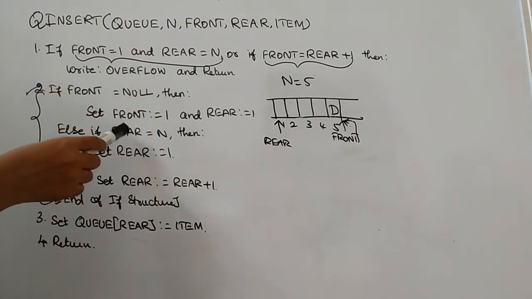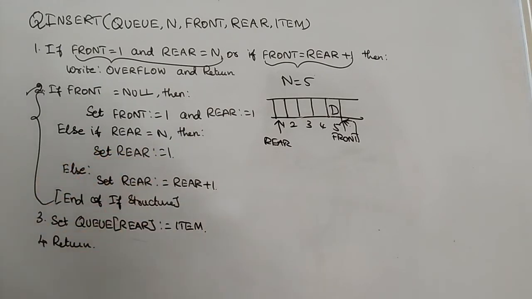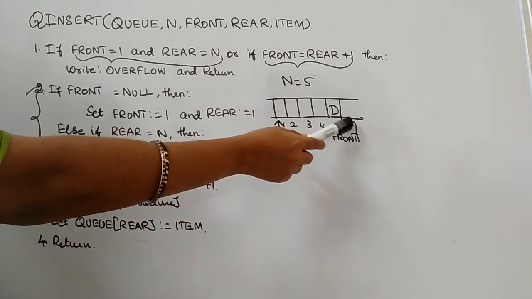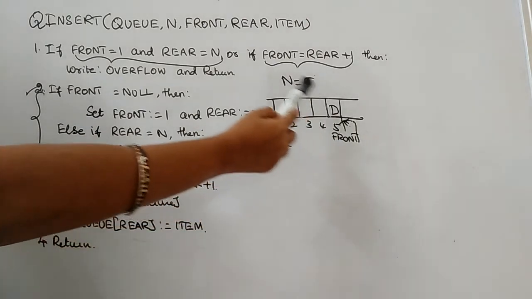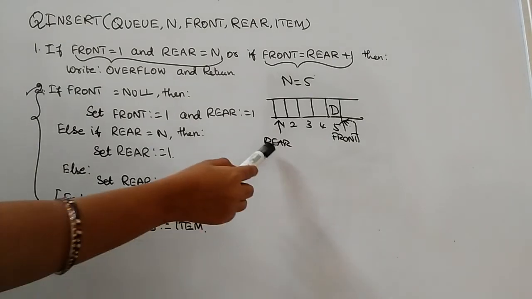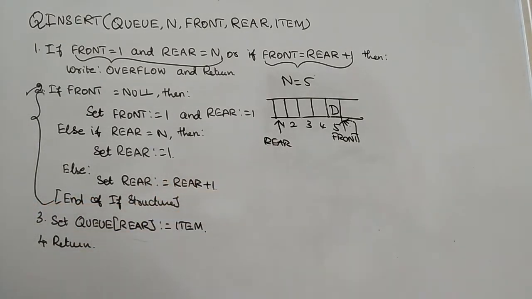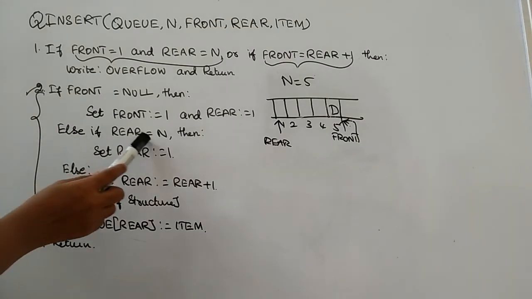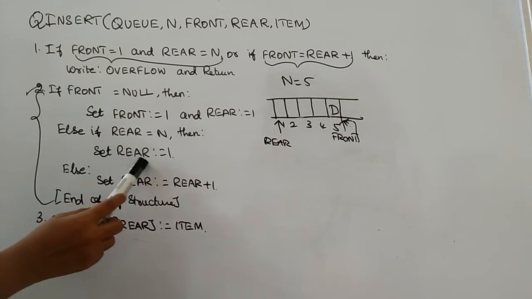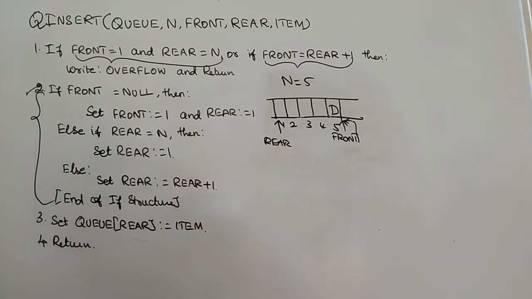Else if rear is equal to n, then by that time we reset the value of rear as rear is equal to 1. That's why here we have written else if rear equal to n, then rear colon equal to 1.